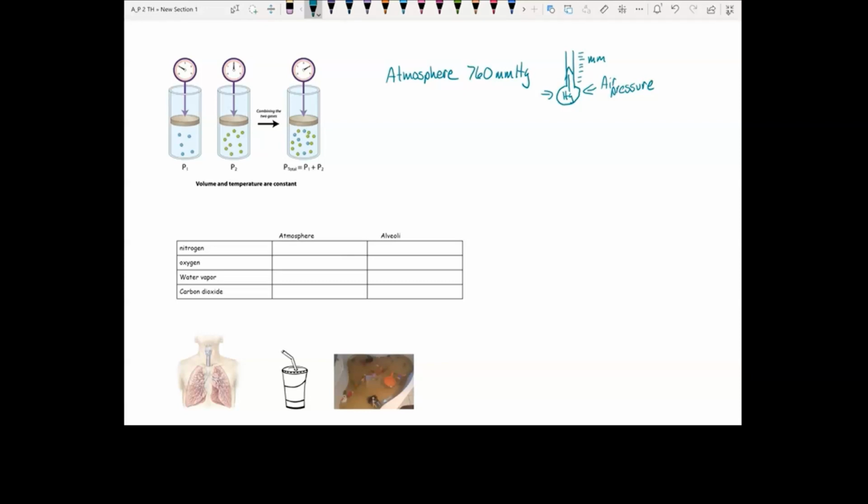Okay. Then if we talk about partial pressure, air is a mixture of gases. Each gas contributes to that total pressure.